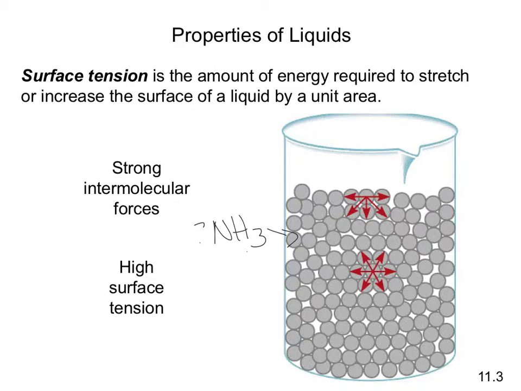NH3, we have an H bonded to an N, so it's hydrogen bonding. So that, therefore, is high surface tension. Even though ammonia is not really something we come in contact with a lot, which is good, because it's really volatile and smelly, it would behave in some slightly similar ways to water.